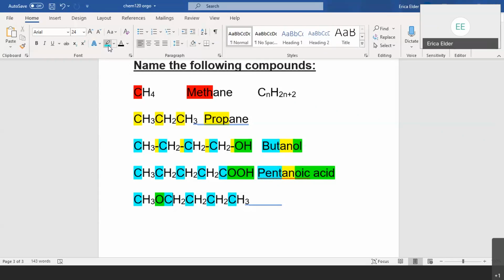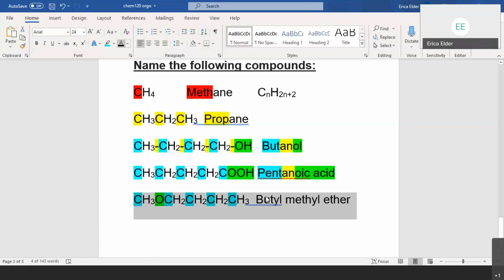So if your first one just so happens to be a hexyl chain, and then you have an ethyl chain, your ethyl chain will come first, even though it appeared second in your representation. And that will make sense when you take a look at our answer for our ether here.